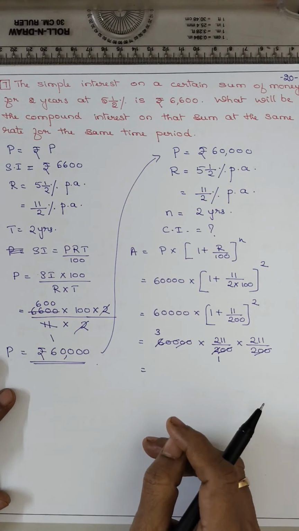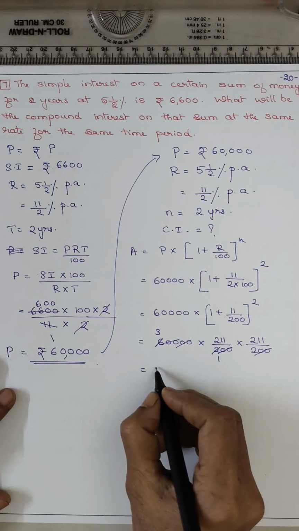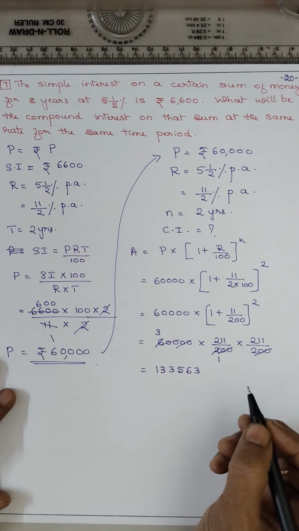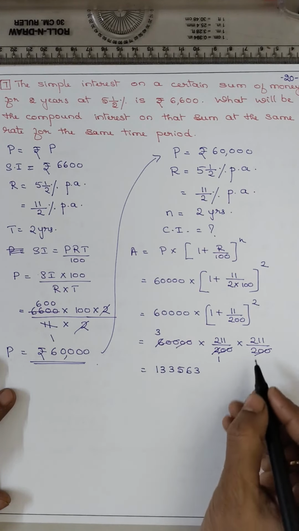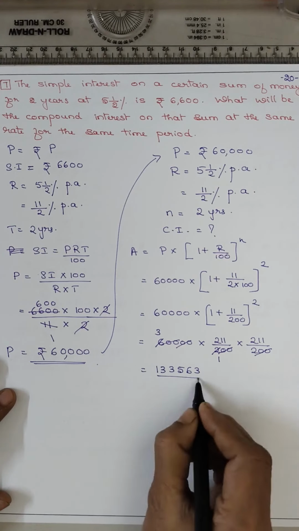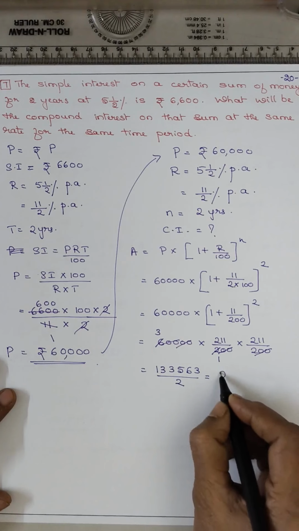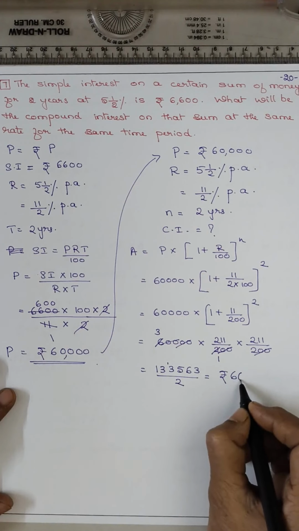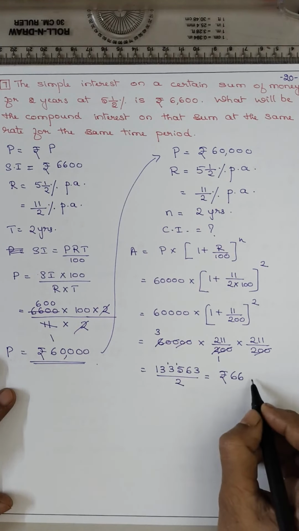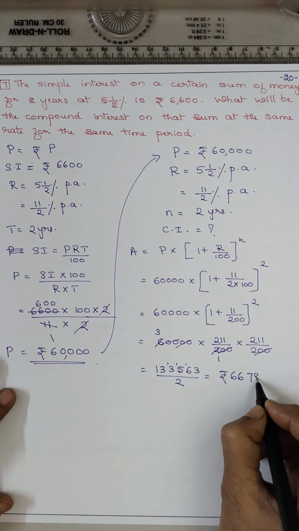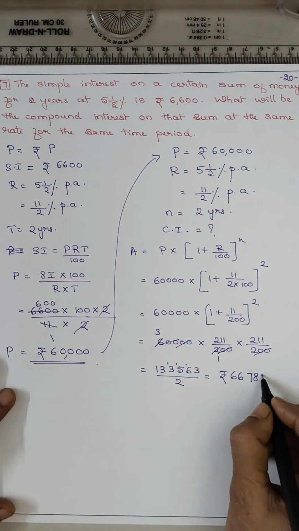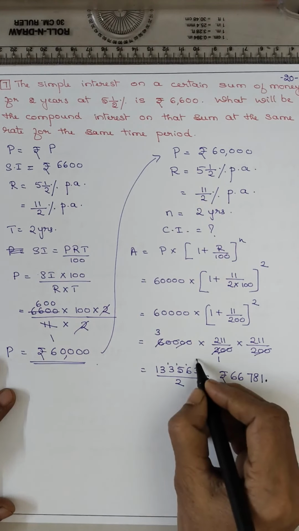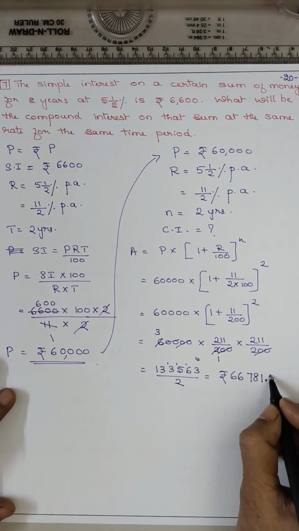You will be getting 1335363 upon 2. 2 6 are 12, 1 remains, 6 are 12, 1 remains, 7s are 14, 1 remains, 8s are 16, 1s are 2, so it is 3, so put the decimal, 1 remains, take extra 0, 5.